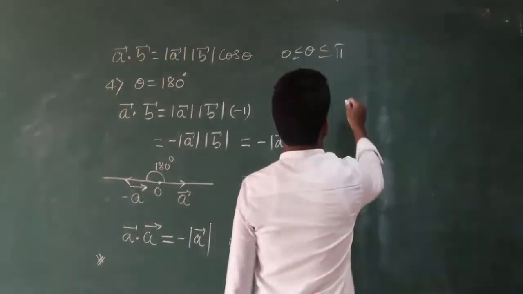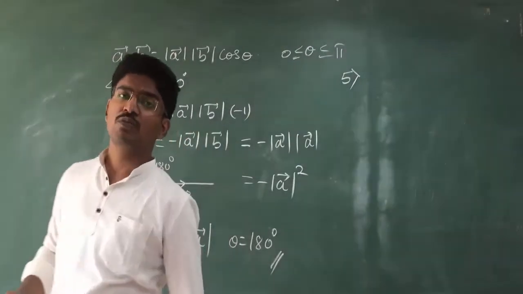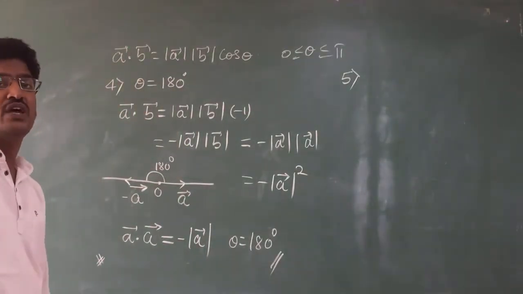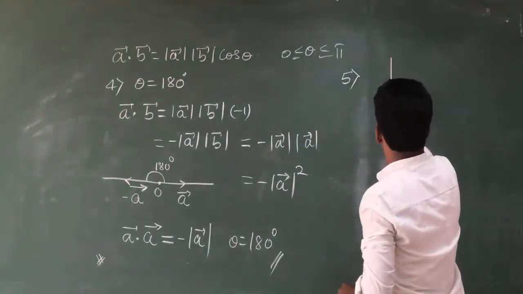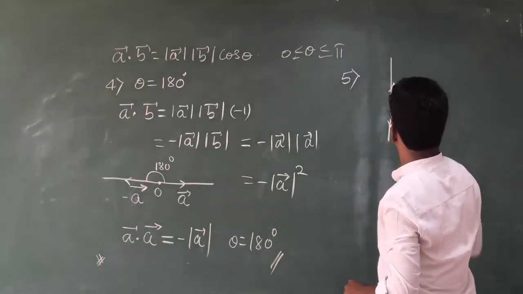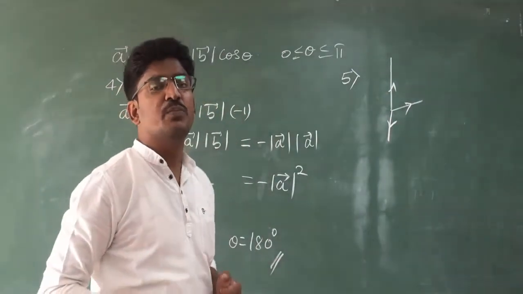Now let us look at the fifth observation. What if three vectors are mutually perpendicular?